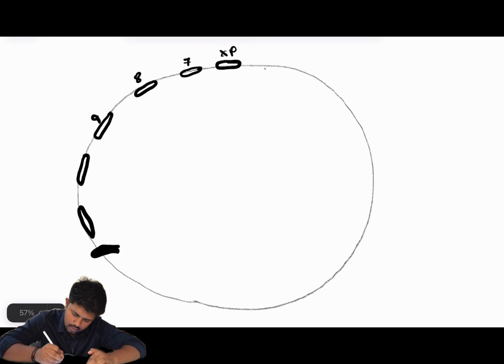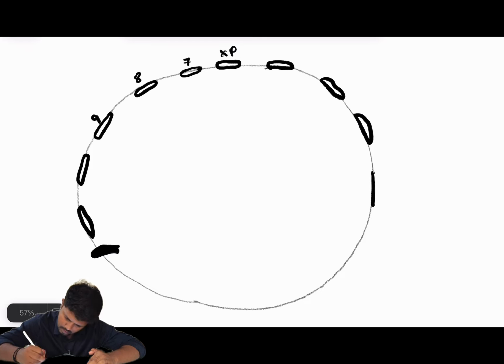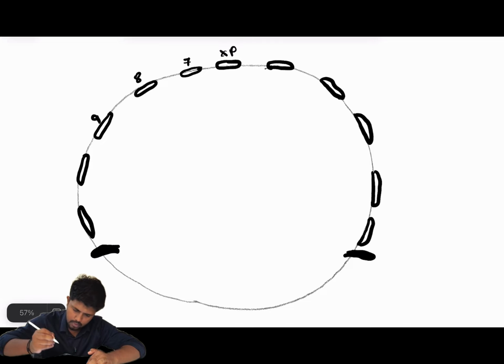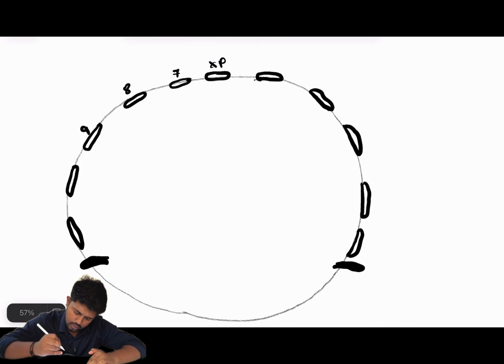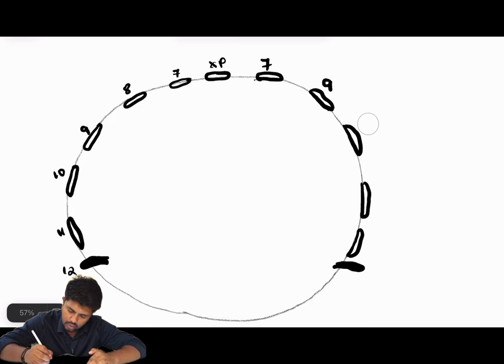Similarly on this side, 7th, 8th, 9th, 10th, 11th and 12th rib. Seeing this, you can say the xiphoid process and the lower six ribs and the costal cartilages will give origin to the diaphragm.